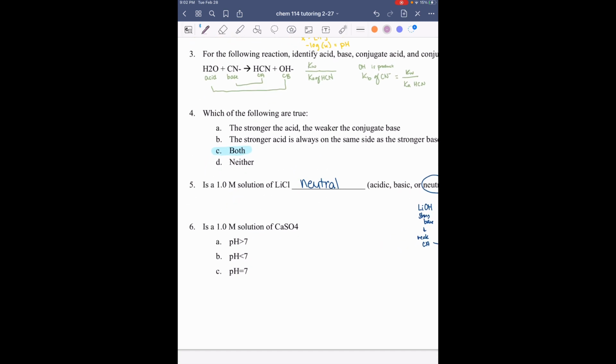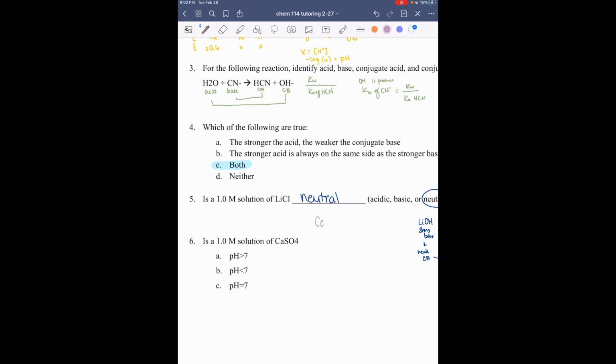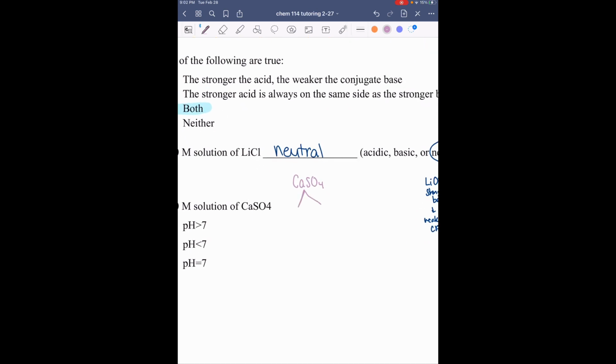Okay, so this one's a little trickier. So we have CaSO4. So we have Ca2+ and SO4 2- as our cation and anion.